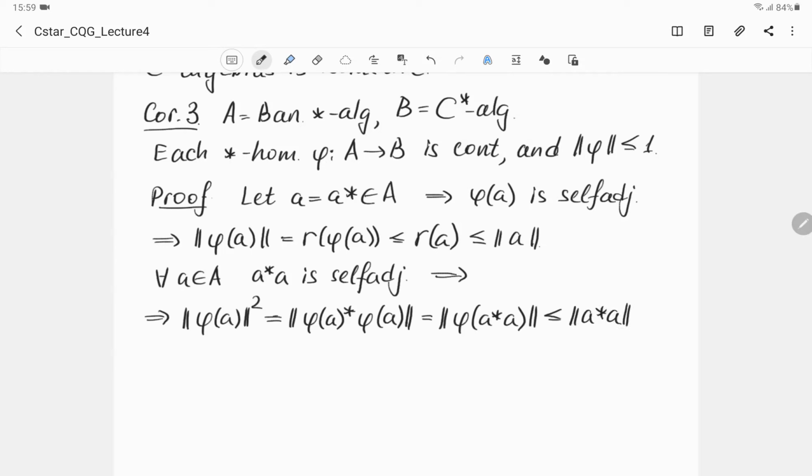Now by the submultiplicativity of the norm, this is less than or equal to the norm of A squared. So now we take the square root, and this completes the proof. We see that the norm of phi of A is less than or equal to the norm of A.